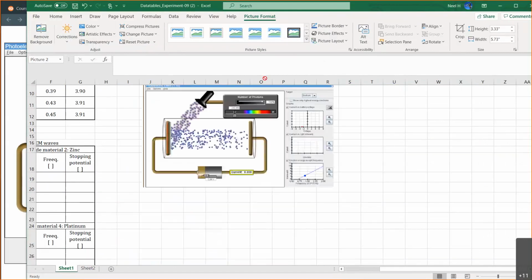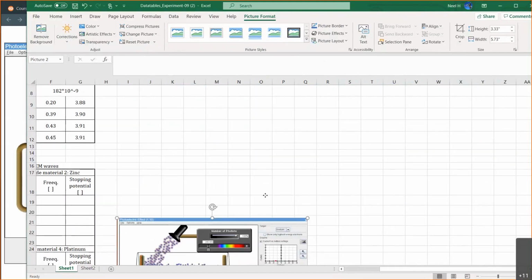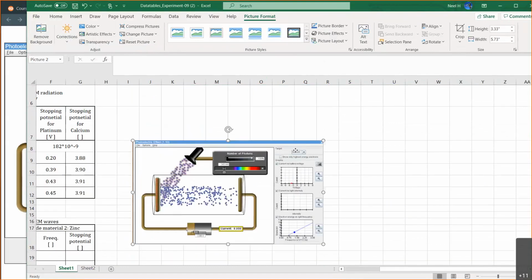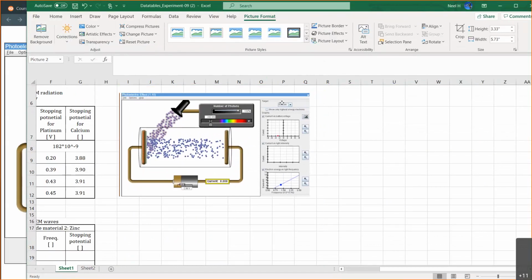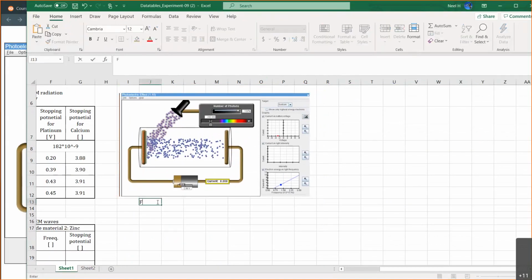Let's keep that as our figure number 1. We can start naming the graphs from figure number 2. Figure 1 just has to go to your procedure section, right? Simulator for photoelectric effect.